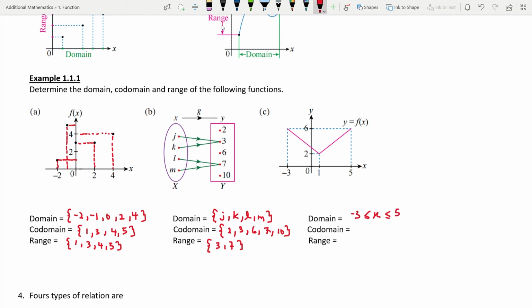The codomain is f(x) or y, and we can see the highest value is 6 and the lowest value is 2. So our f(x) is between 2 and 6. The range will be the same as the codomain.